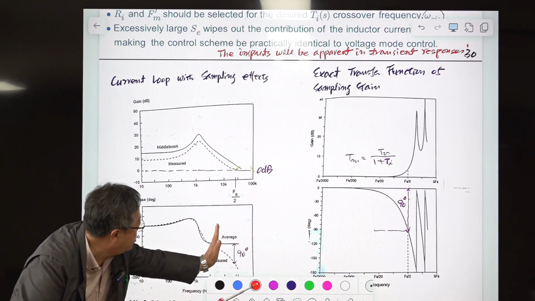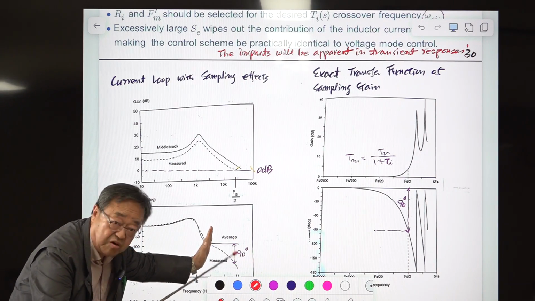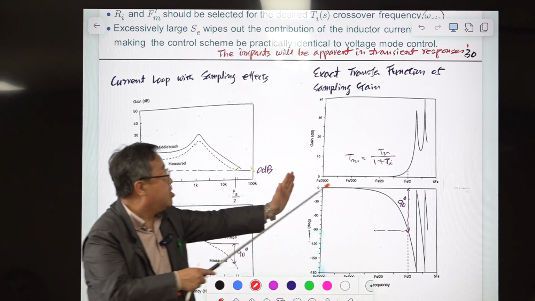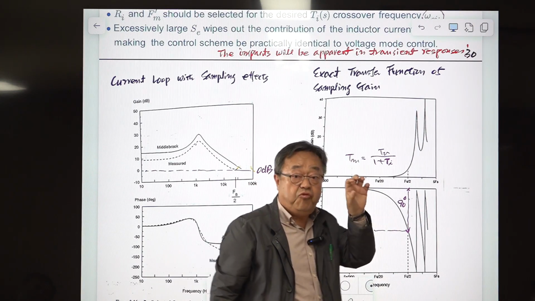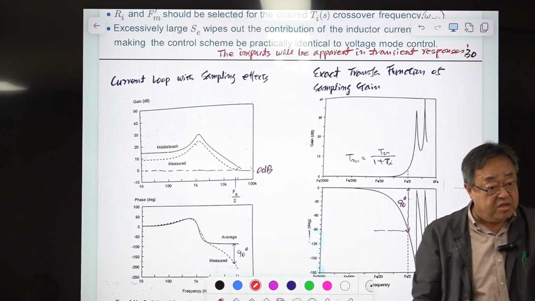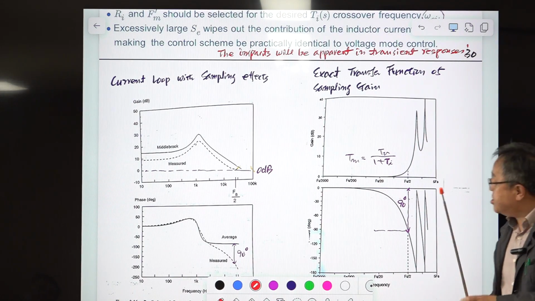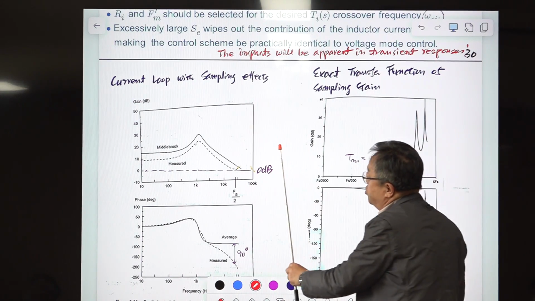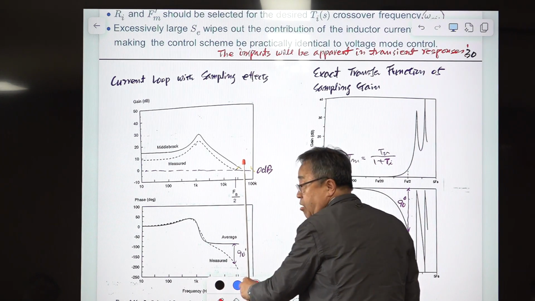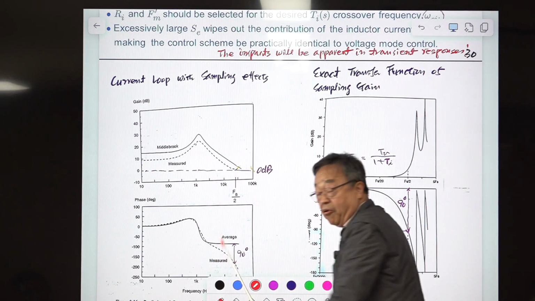If we are below this, then there is no additional phase delay, no strange behavior, then we are safe, okay? So in the classical analysis, they ignore the sampling effect totally, but they suggest the loop gain crossover frequency, the current loop crossover frequency, stay within this bound.